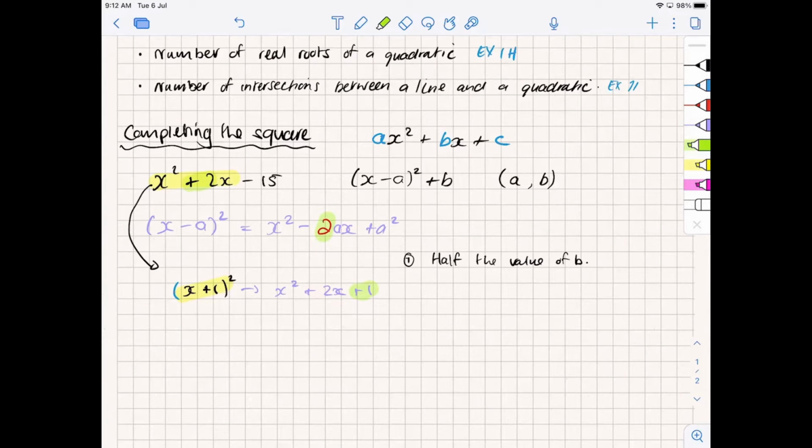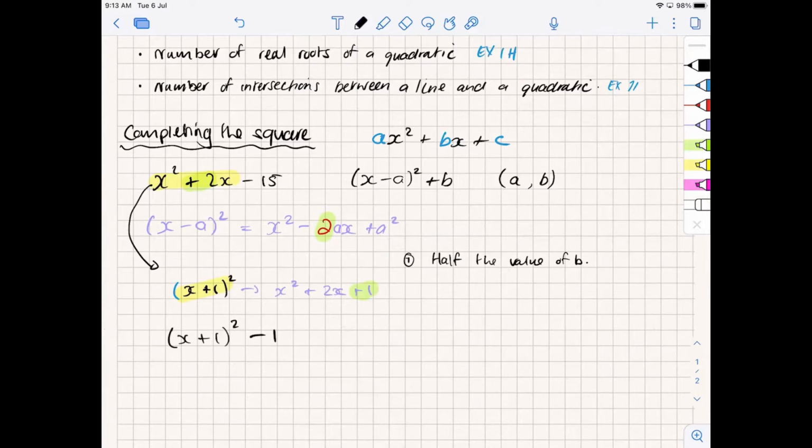So this is not an equation, this is an expression. And in an equation, that might have been okay, because I could have just subtracted 1 from both sides. But this happens to be an expression, which means that in order to keep the expression completely unchanged, whatever I add, I need to take away. So if I've added 1 because of putting this thing in the bracket, I need to subtract 1 from what I've done.